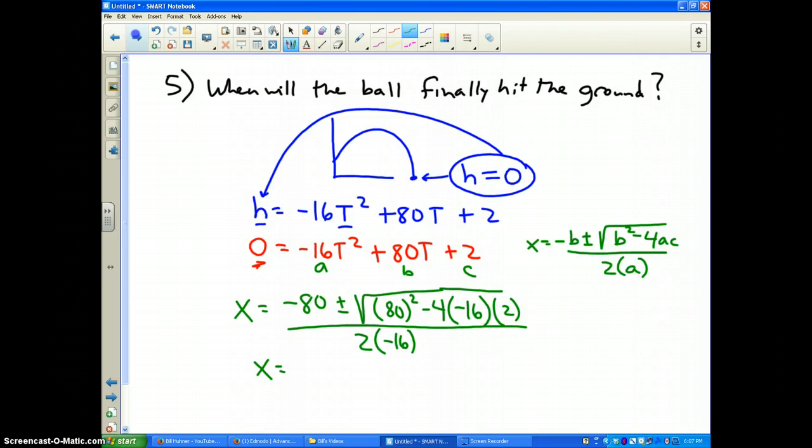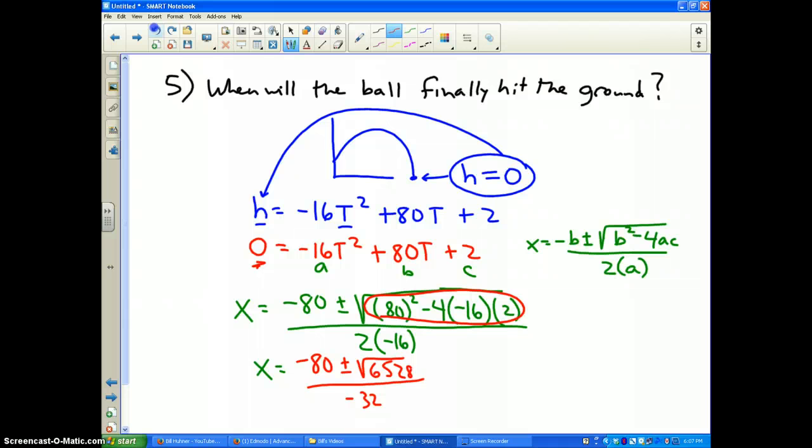Well, as we've discussed before, figure out the value of the discriminant first. Do this first. Okay? And I believe you come up with an answer of 6,528. So I get negative 80 plus or minus the square root of 6,528 all over 2 times negative 16, which is negative 32.